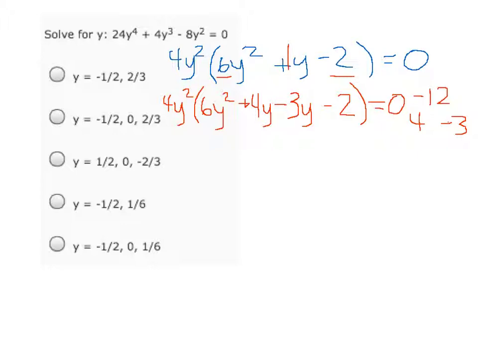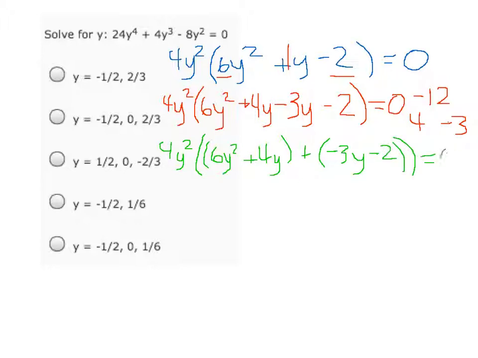So now we want to continue to factor inside of the parentheses using factor by grouping. So we'll have 6y squared plus 4y as our first grouping, then plus a negative 3y minus 2 as our second grouping. Now continuing with this, we want to factor out any common terms in each of these groupings.